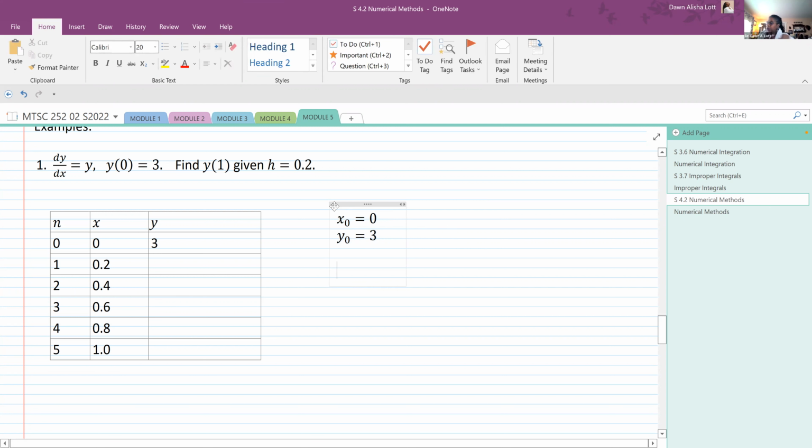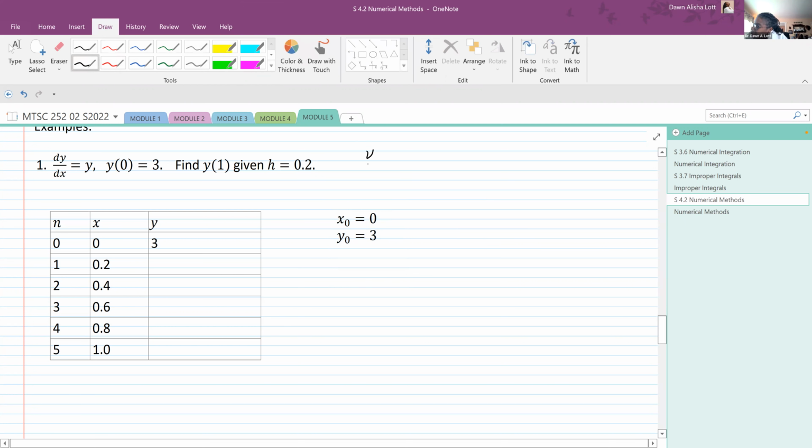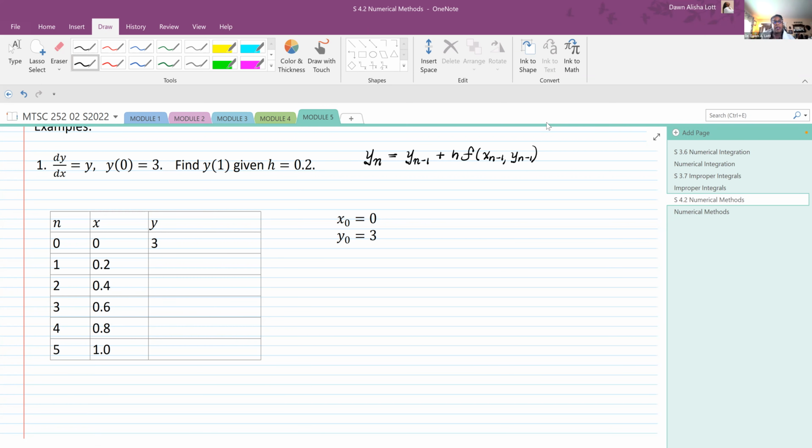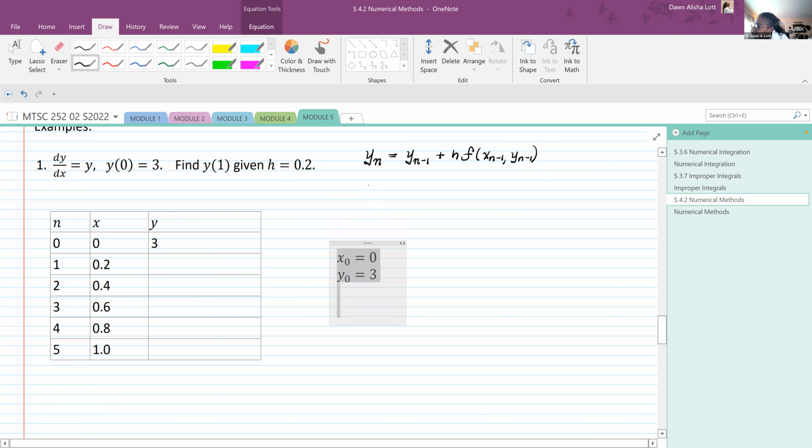Okay, we need our formula. We don't see it above, so I'm going to write it because we need it. That is yn is yn minus 1 plus h times f of xn minus 1, yn minus 1. All right, so for this one, that says yn is yn minus 1 plus h and f of x and yn.